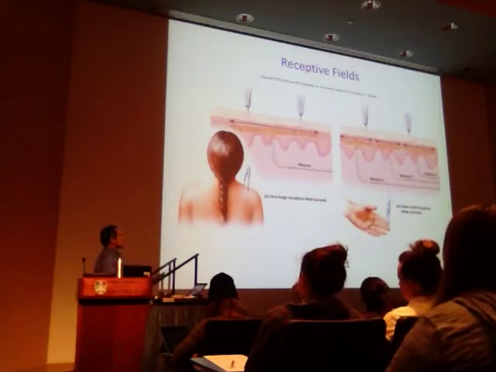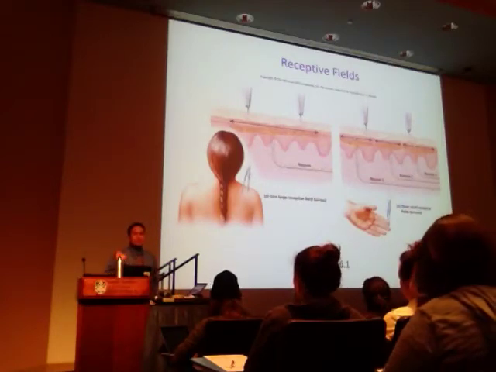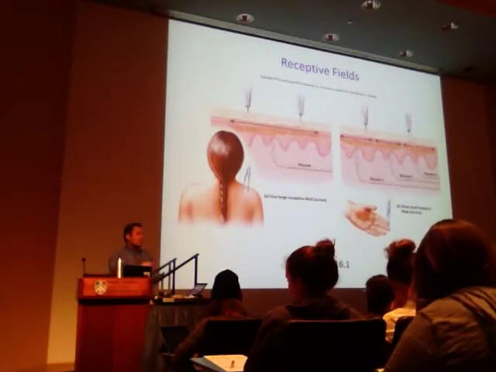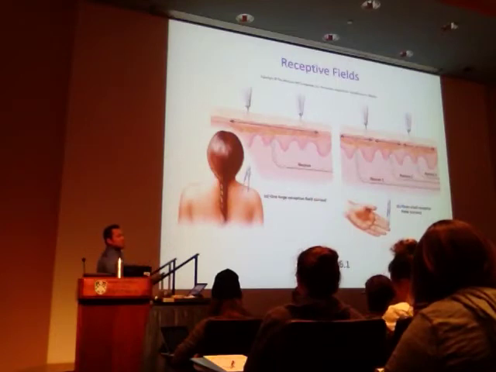Okay, those kinds of things don't happen in areas with large receptive fields. So the point is, the body's not going to spend biologic energy wiring everything exactly the same. It wouldn't make sense.